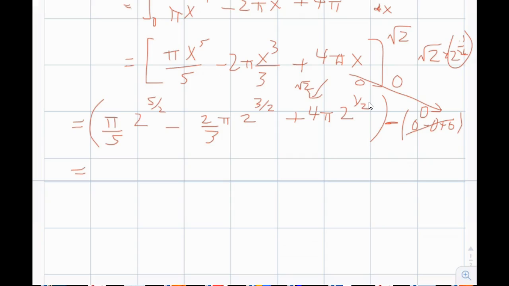Maybe we could factor out a pi 2 to the 1/2, and if we did, then we would have 1/5 times 2 to the 4/2, 2 squared, minus 2/3 times 2 to the 1, plus 4 pi, not pi, because we factored out the pi, just 4.